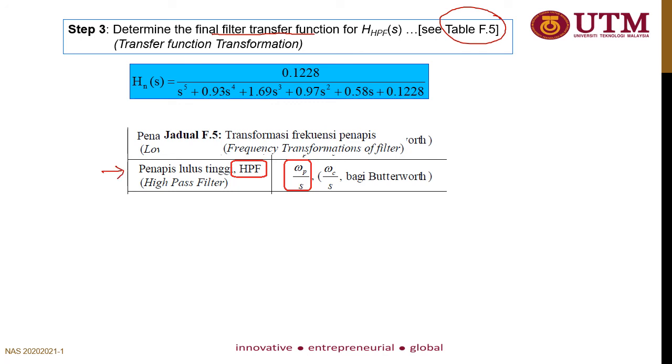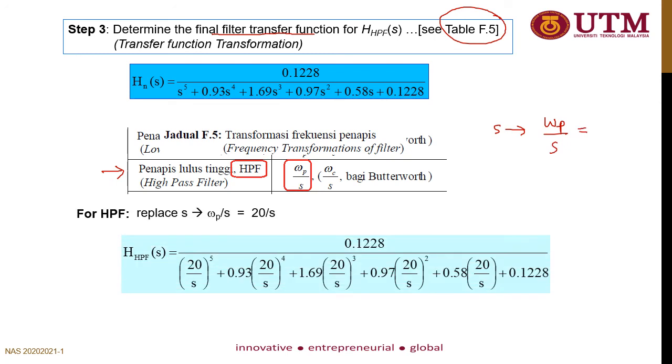S will be replaced by omega P divided by S. Your omega P equals 20 in this case, so 20 divided by S. From the normalized transfer function, all S must be converted into omega P over S. Then you can just leave your answer like this. You don't have to calculate the final equation, to save time.